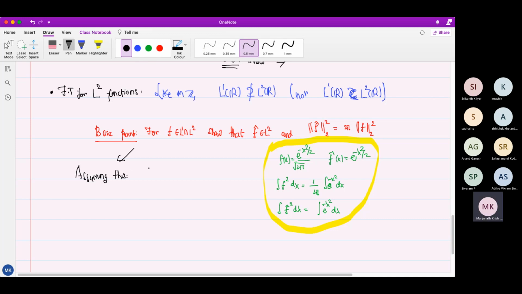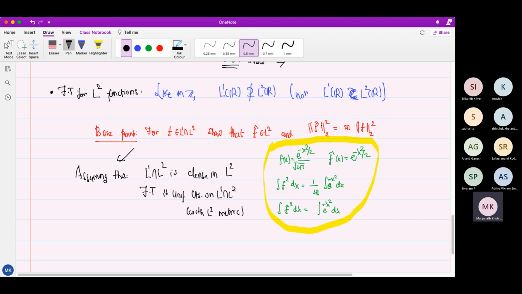how do you proceed? Again, L1 intersection L2 is dense in L2. And what we have is that the Fourier transform is uniformly continuous on L1 intersection L2 with the L2 metric, not if you put the L1 metric.